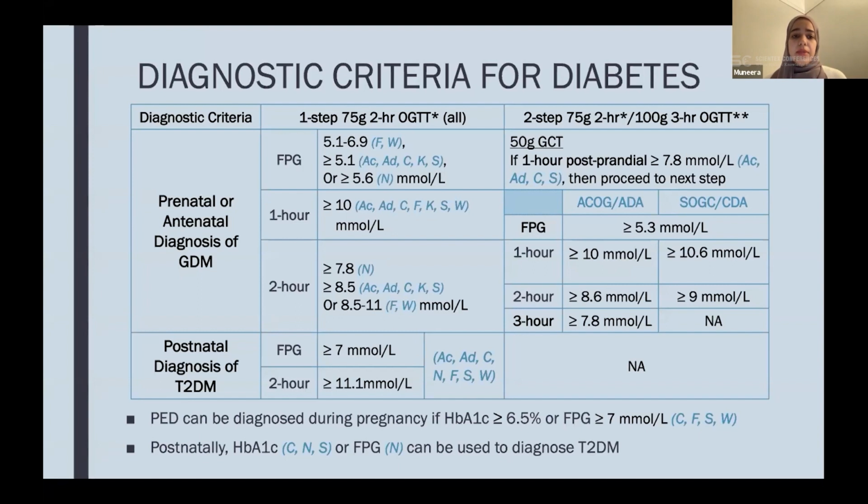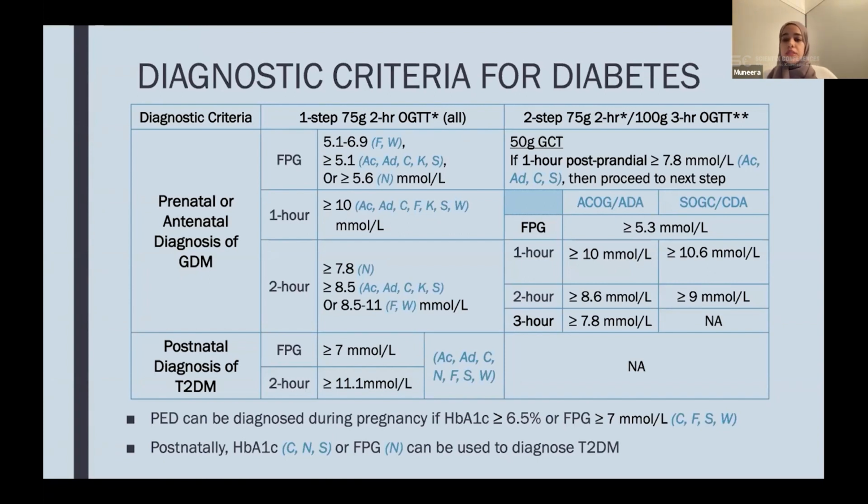For the 1-hour plasma glucose, there's a consensus at 10 millimoles per liter or more. And again, we see a difference in the 2-hour plasma glucose levels. So for the one-step 75-gram 2-hour oral glucose tolerance test, we only need one value to diagnose diabetes.